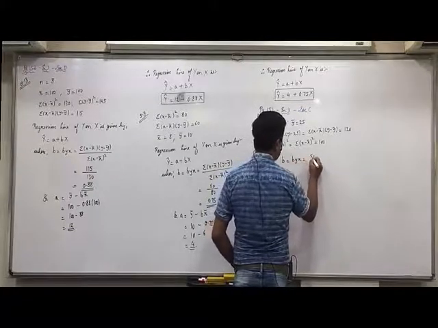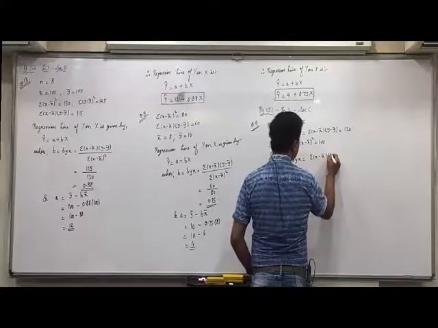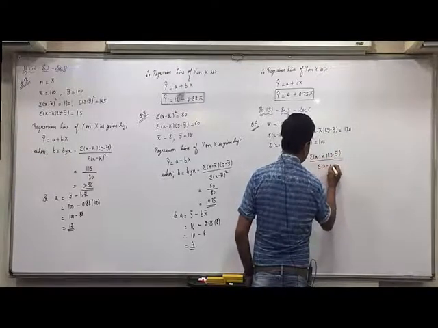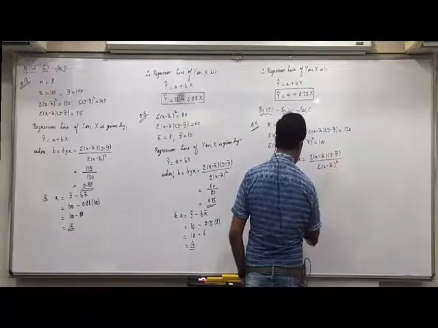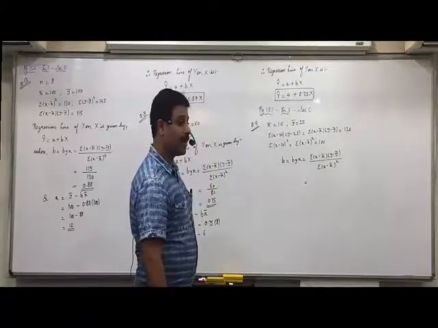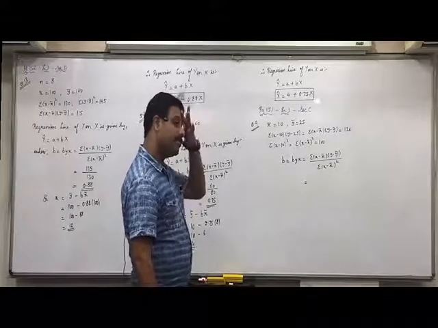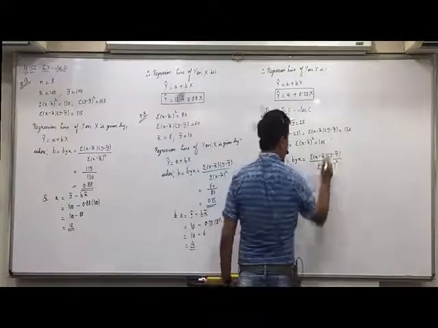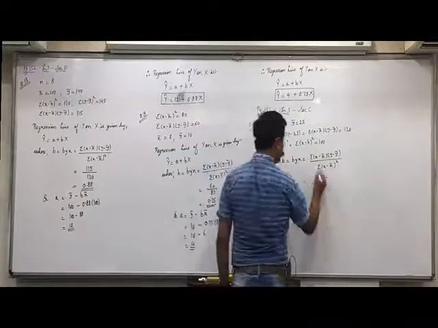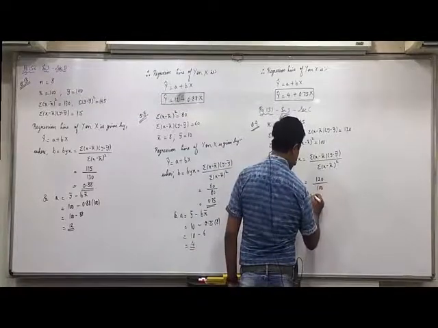b is equal to b_yx, which is sigma (x minus x bar) into (y minus y bar) upon sigma (x minus x bar) whole square. Put the values: 120 upon 100, so 1.2.